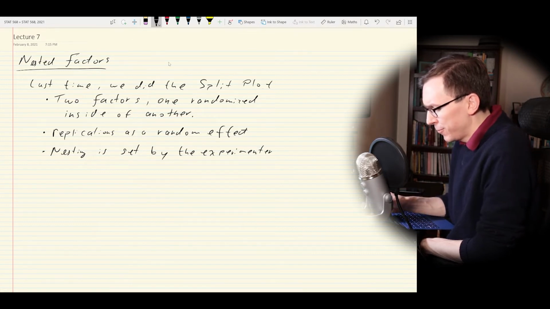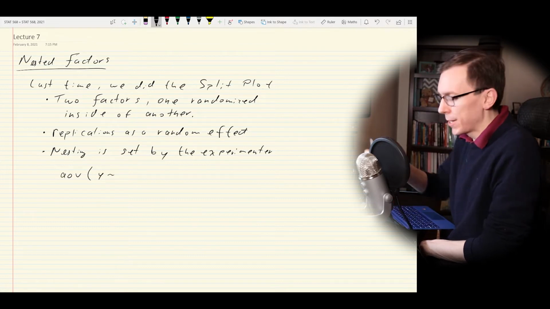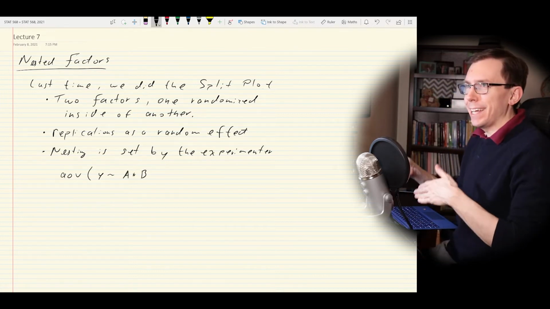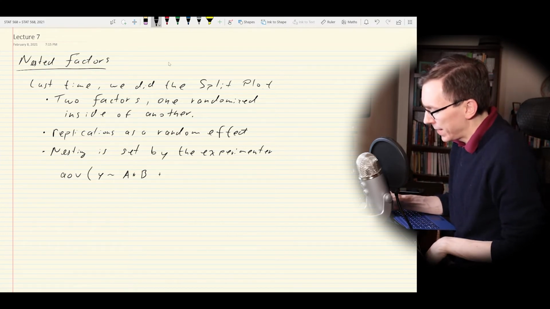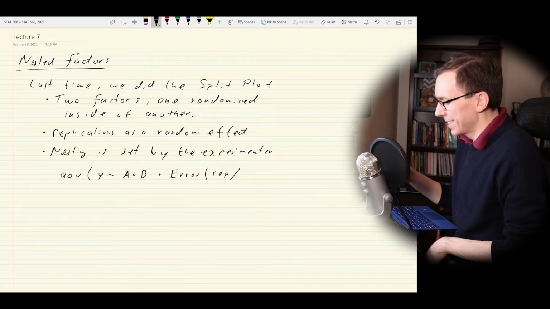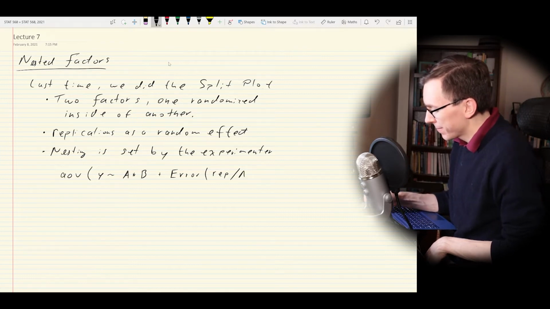And remember what I said before, you would have something in R that would look like aov(Y, which would be our response variable, ~ A*B, for A, B, and the interaction between A and B. And we would have an Error term, an error with 2 R's, which would look something like Error(rep/A).